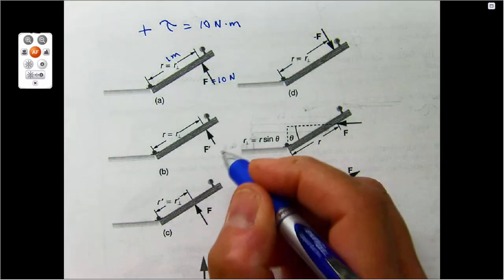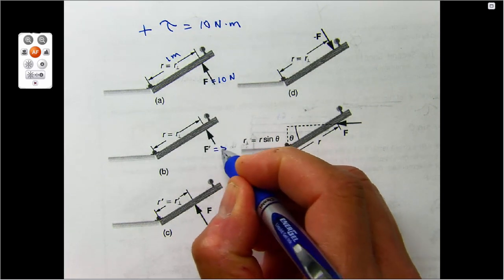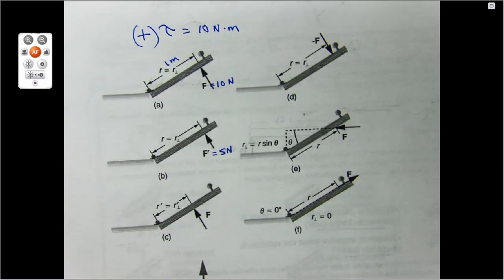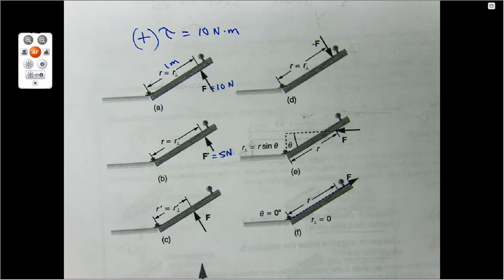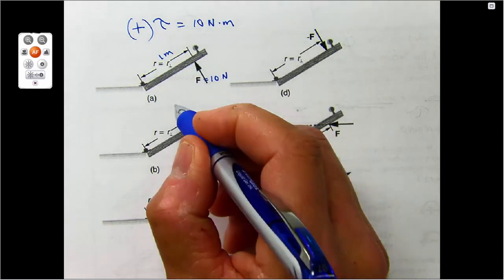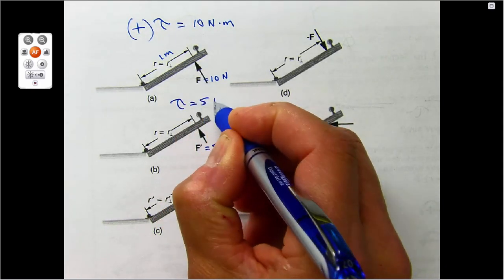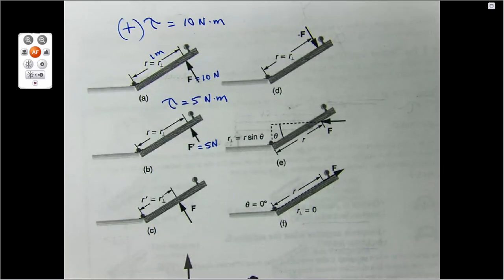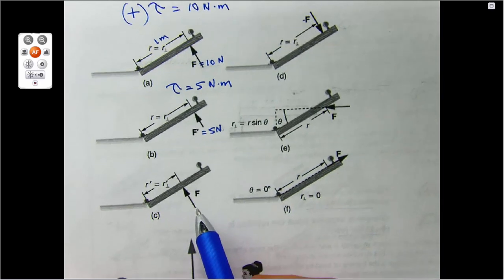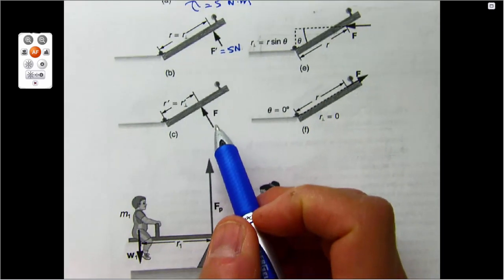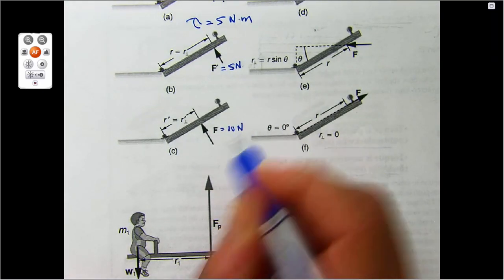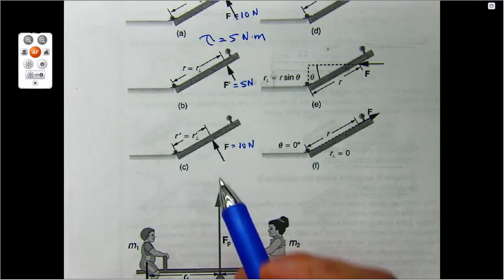Now, B just says you reduce the force to 5 newtons. So if you keep the same radius and you reduce the force to 5 newtons, your torque now is 5 newton meters, right? They're just saying you reduce the force. Now in C, we kept the same force, we'll make it 10 newtons, but they reduce the radius.